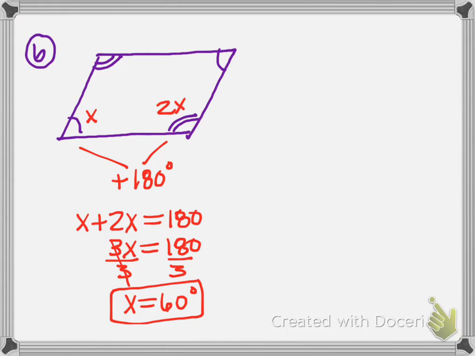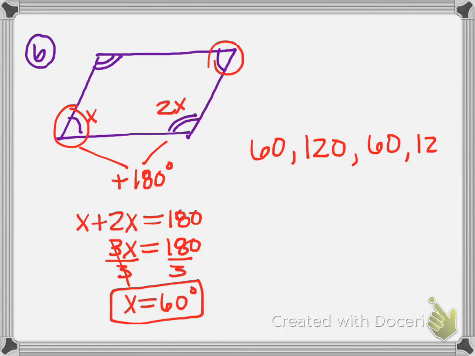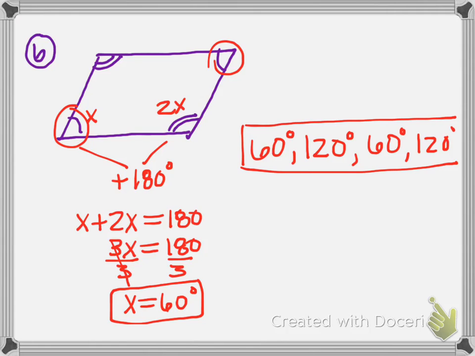Its opposite angle will also be equal to 60 degrees. So we've got 60 degrees for this angle and this angle over here. The other two angles are going to be twice that, so they're going to be 120. So if I go around the shape, I would have 60, then 120, then another 60, and then another 120. So these are the 4 angle measures of this particular parallelogram.